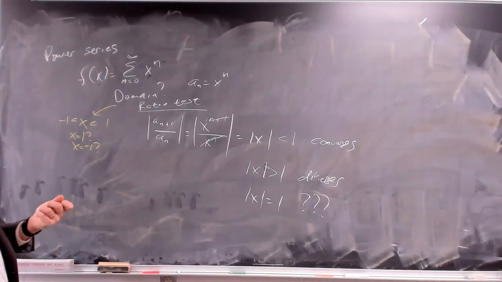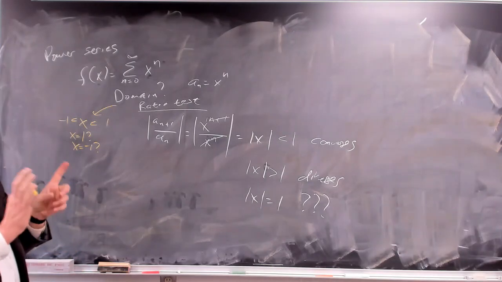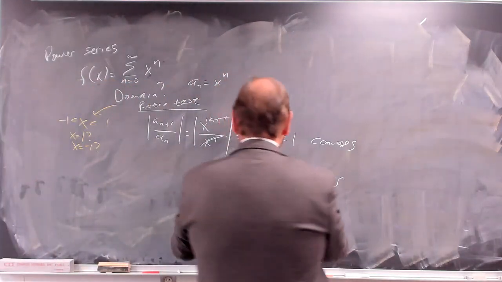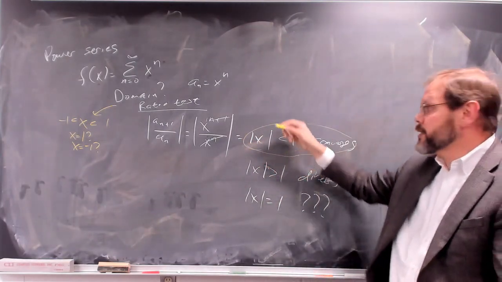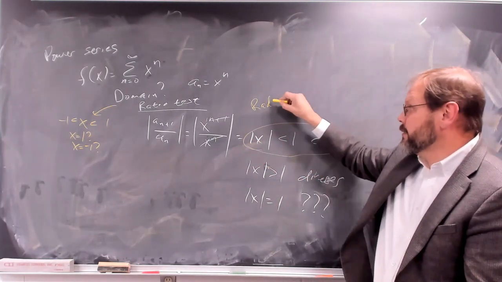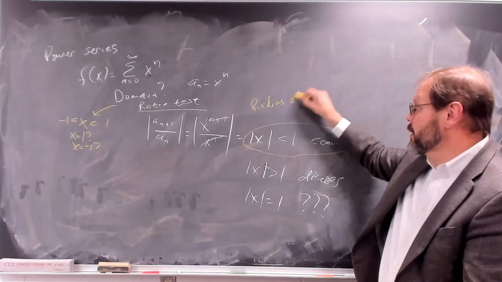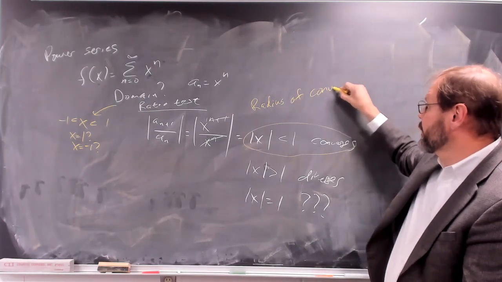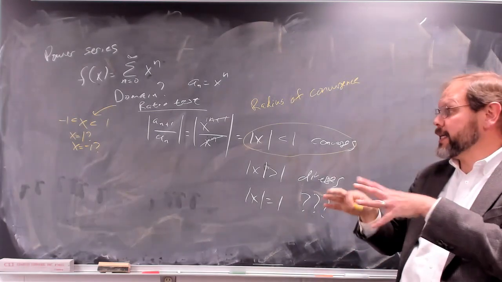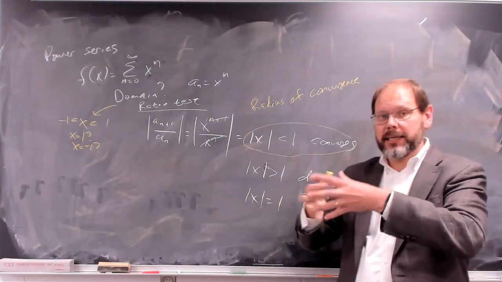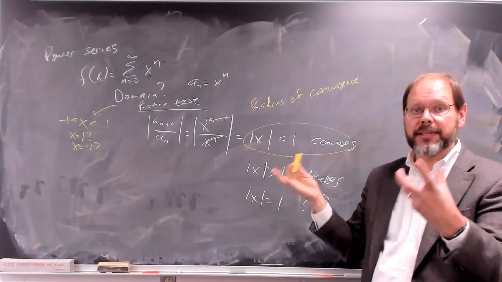Okay? All right. So, by the way, when I have something of this form and I can say for all of these values that my function converges, there's a term that's called radius of convergence. Radius of convergence is basically telling me how wide of a net can I cast and still have this thing converge.